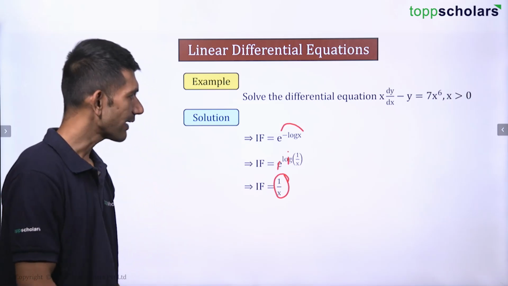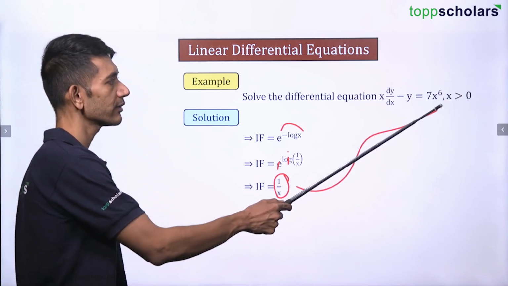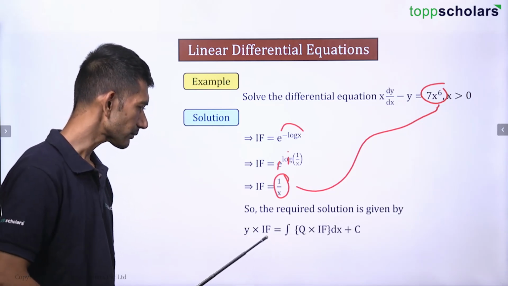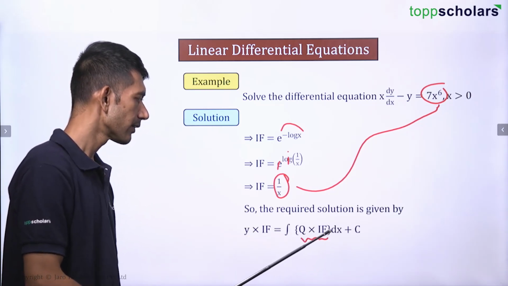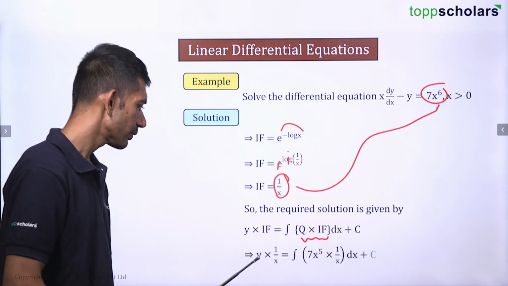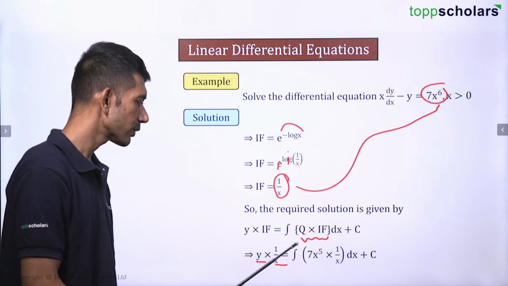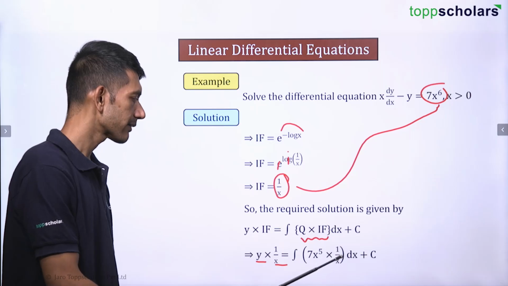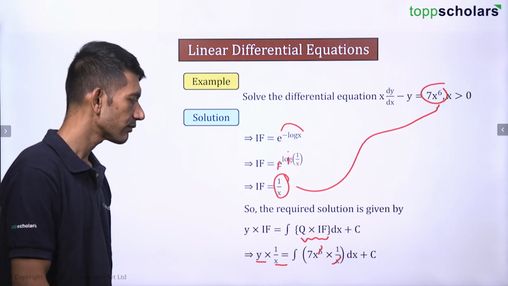Once you get the integrating factor, now you know what you need to do. You need this q, you need this integrating factor, so you get y times the integrating factor is equal to the integral of q into integrating factor dx plus c. So y by x is equal to the integration of 7x raised to 5 into 1 by x. This will get cancelled. This will become 4.